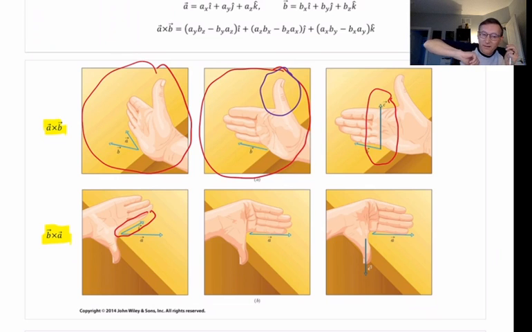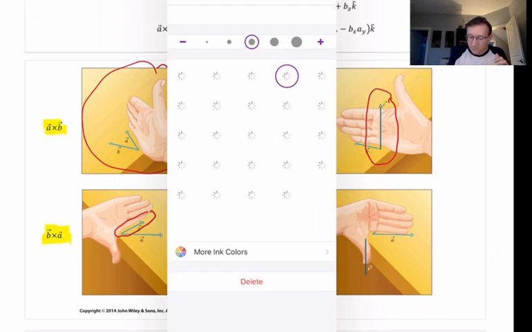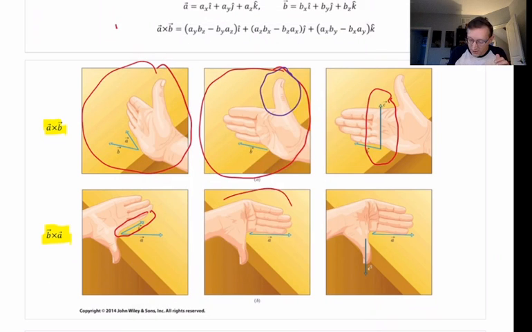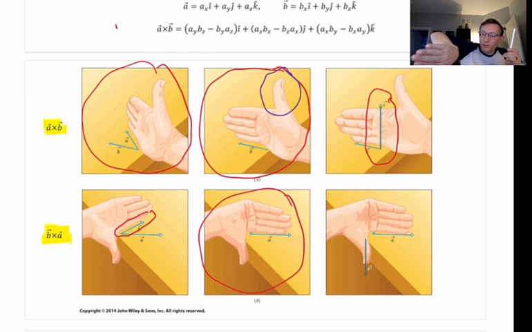And it is a right hand. The fingers have to be along B, but the palm has to be towards A, so that you can push B onto A. That's what this image shows. The fingers of the right hand with the palm is pushing B towards A. And look which way the thumb points now.